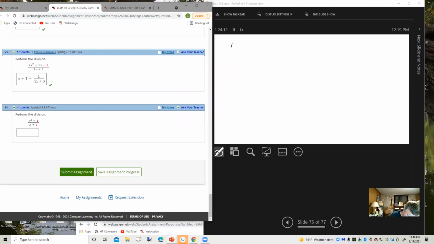So we've got x cubed plus 1 over x plus 1. So we've got x plus 1 outside and x cubed plus 0x squared plus 0x plus 1 on the inside, filling in all the missing terms, missing powers. Leading term inside divided by leading term outside, x squared. Take that times the divisor, x cubed plus x squared.